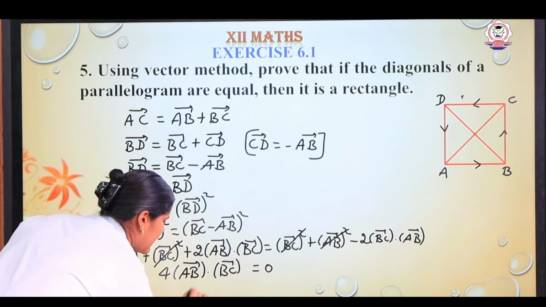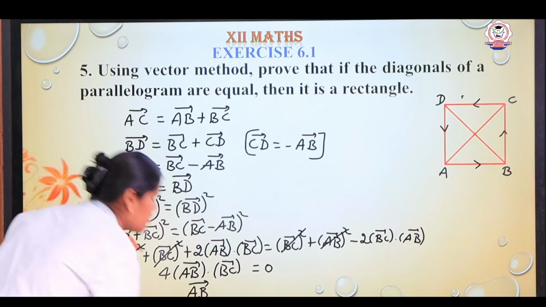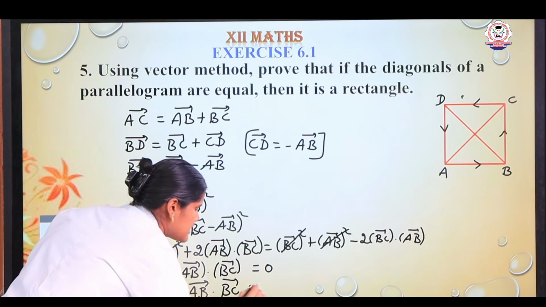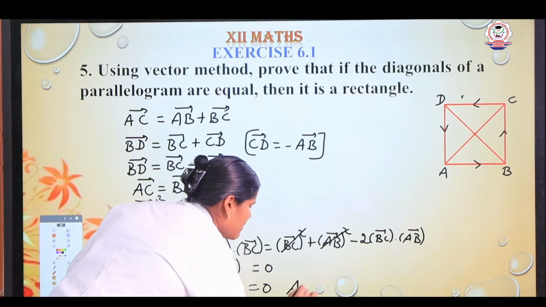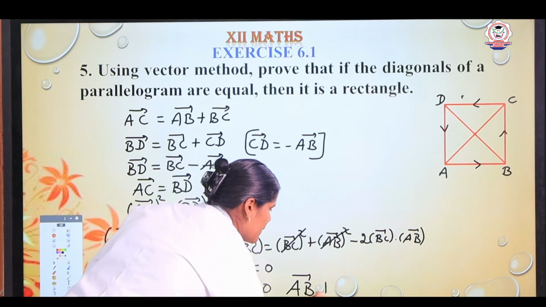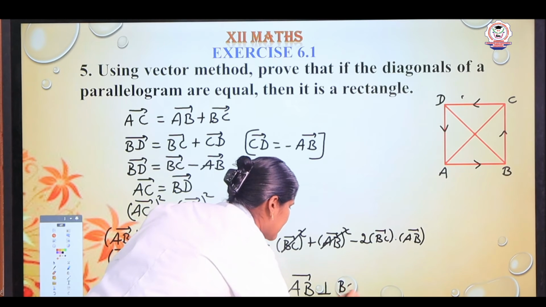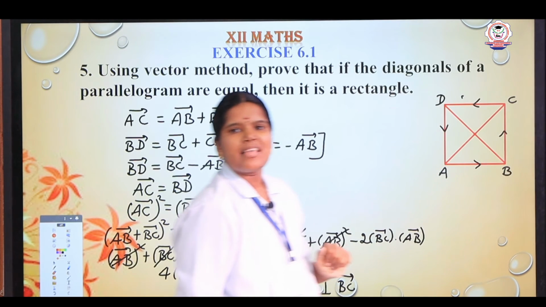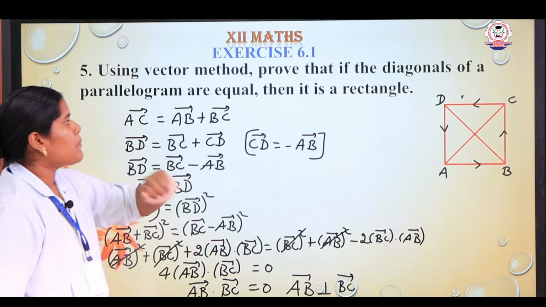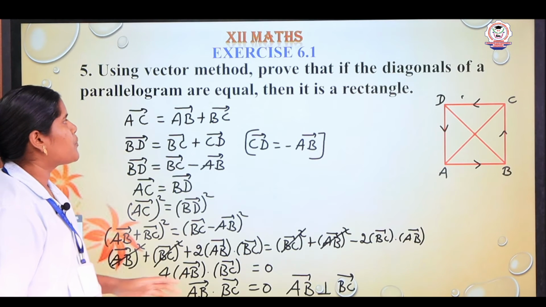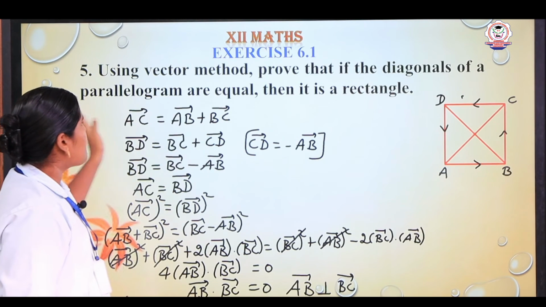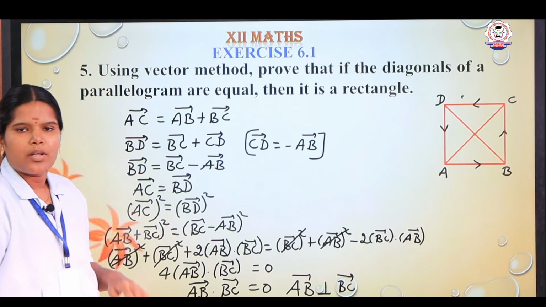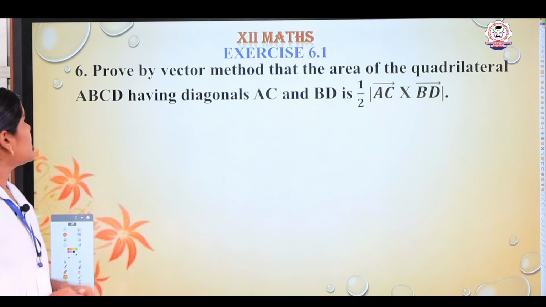So AB vector dot BC vector is equal to 0 means AB vector is perpendicular to BC vector. AB vector perpendicular to BC vector means the given shape is a rectangle. Hence proved: if the diagonals of a parallelogram are equal, then the given shape is a rectangle. Hence proved. Okay, question number 6.